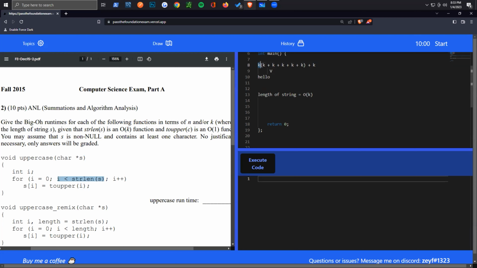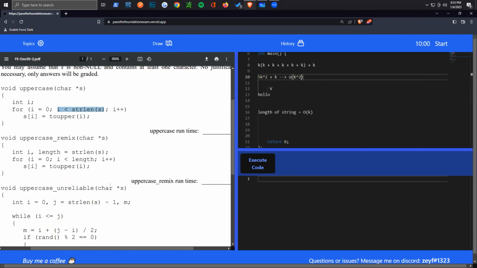So we can just think of this as k squared at this point. And if we add these all out, we're going to end up with a 5 plus k. And we know that the runtime overall of that is just O of k squared. So that's the idea. At every single index, you're making an O of k call. So there's k indexes, O of k call per index, so k squared. So that's the runtime on that one.